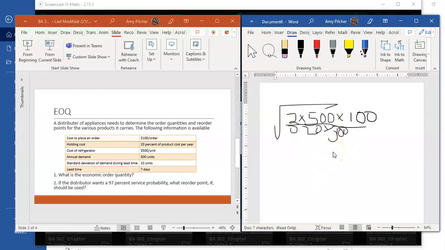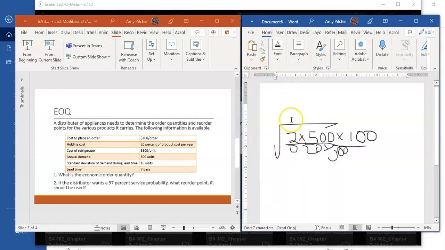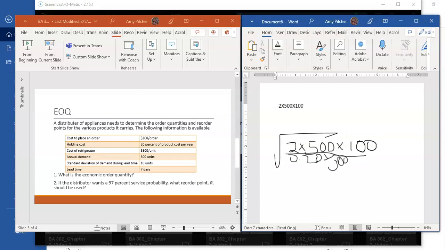So if we type that information up, we have 2 times annual demand times order cost divided by the annual demand times the holding cost.